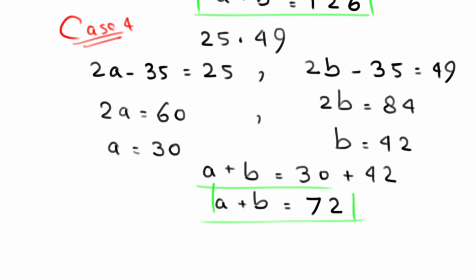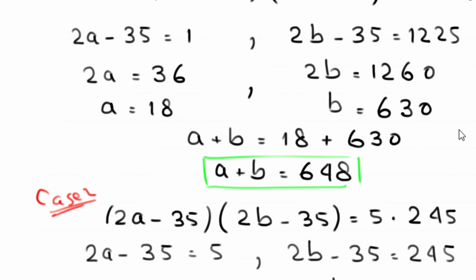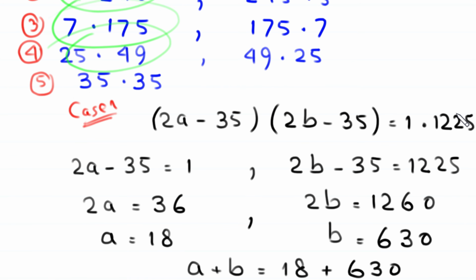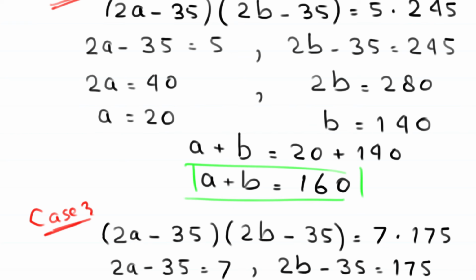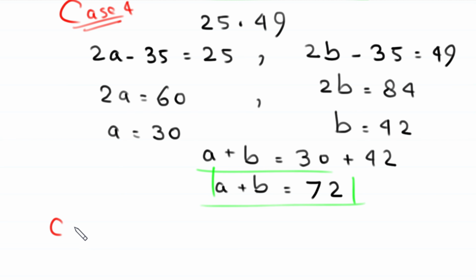Move on to case number 5. In case 5, we have 35 times 35.